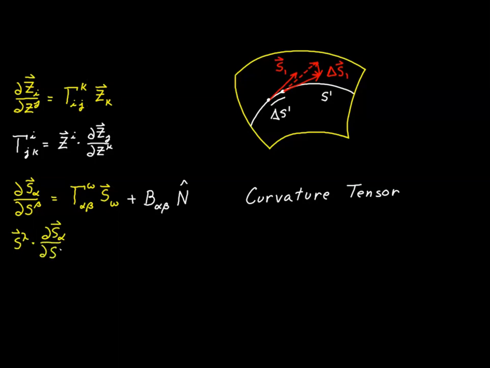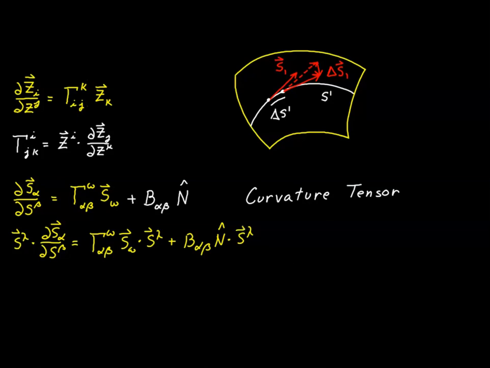And of course, I've got to do the same thing throughout the equation. So on the right-hand side, we'll have Christoffel symbol gamma omega alpha beta times S omega dotted with S lambda. And of course, we have to use that with the last term as well. So we have B alpha beta times n hat, again dotted with S lambda.